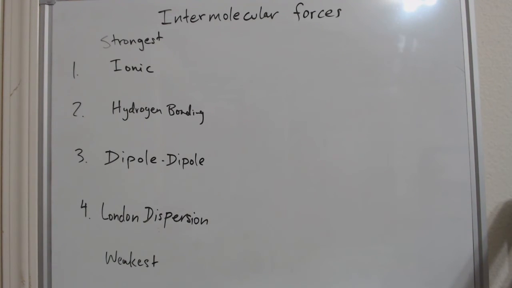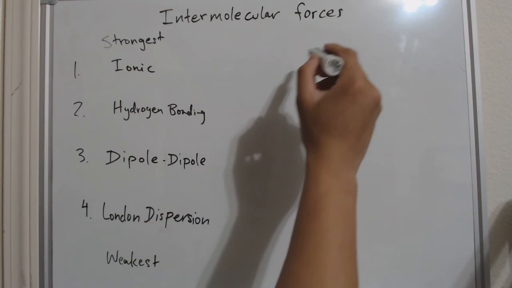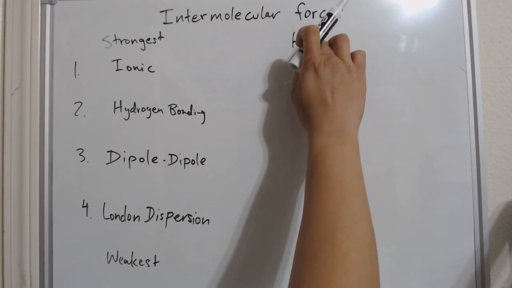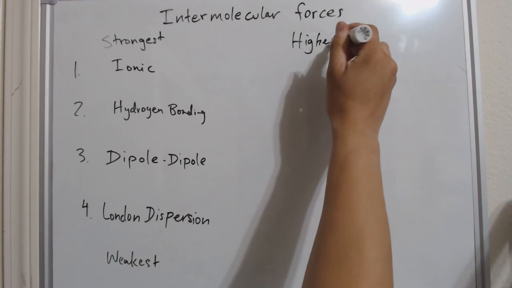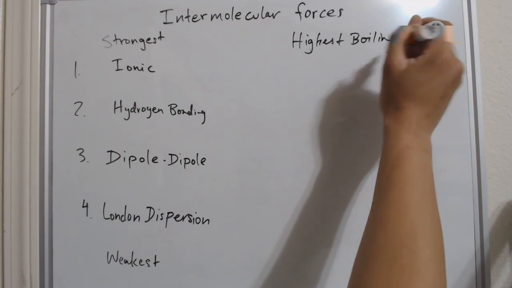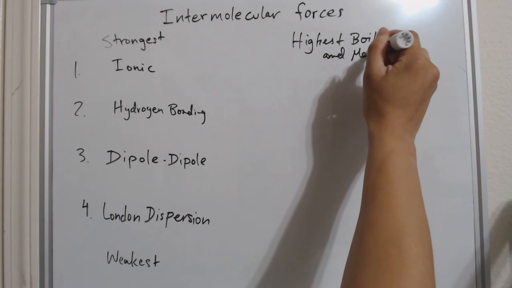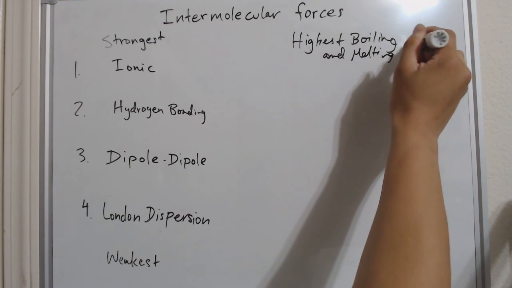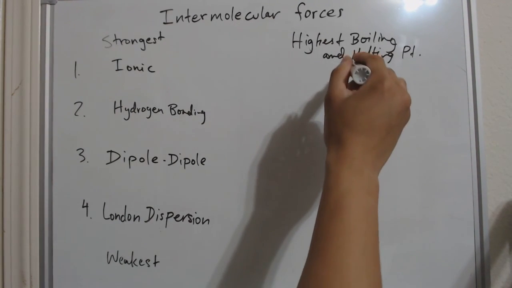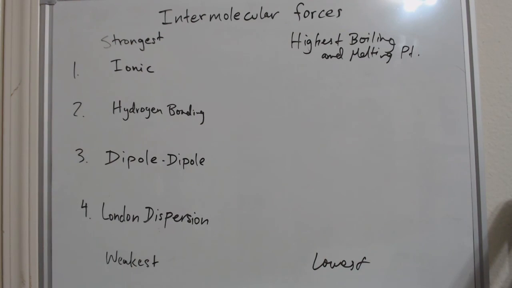So the strongest will take a lot more energy to break apart the molecules, so this will have the highest boiling point. So ionic bonds or ionic forces will have the highest boiling point and melting point.